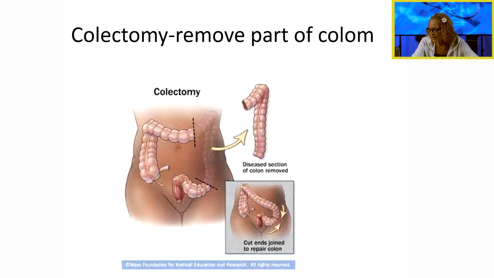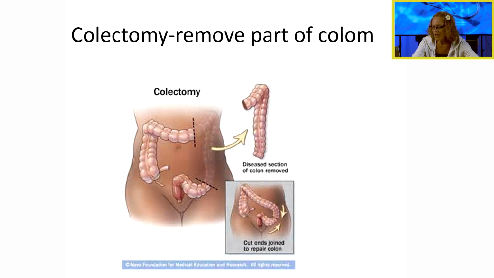And so when a surgeon needs to go in and remove part of the colon due to some kind of disease process, could be due to diverticulitis, could be due to a cancerous tumor, oftentimes they will need to perform a colostomy in order for that bowel to have time to heal.